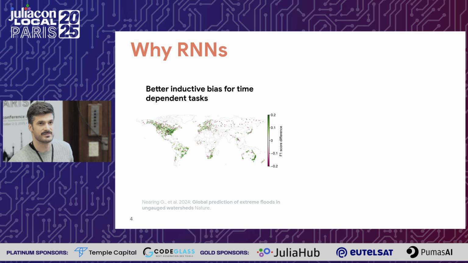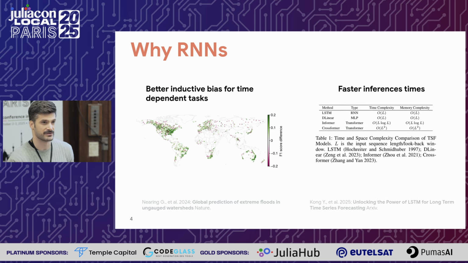In neurosciences, they've been used a lot and continue to be used. This is a 2024 paper on rainfall runoff, for example. Also, they are faster at inference time. Transformers have the parallelization going for them since they don't have this time dependency. RNNs have it, so they're slower to train, but once they're trained, they can give you the predictions faster.